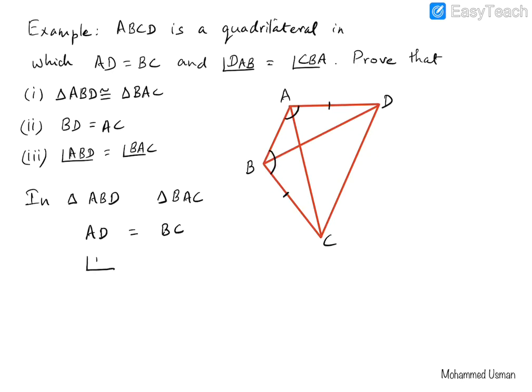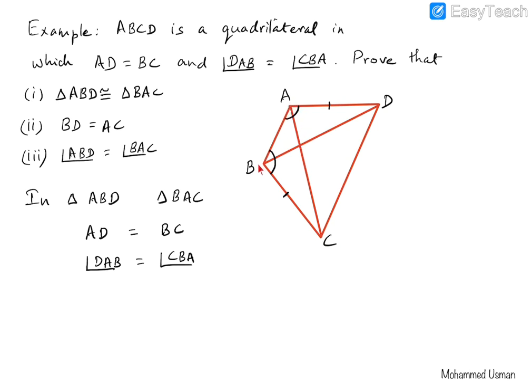Angle DAB equals angle CBA. Okay, and then to show the congruence, we have to look at both these triangles and see if there is any common side.